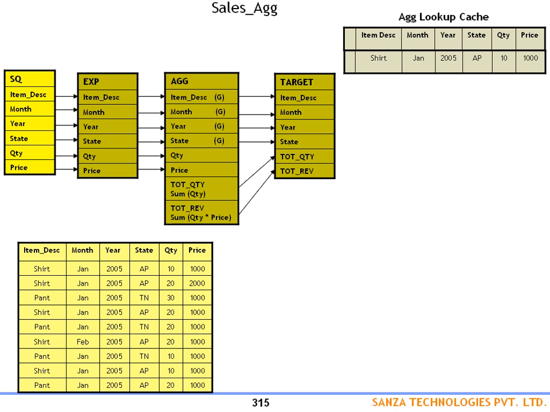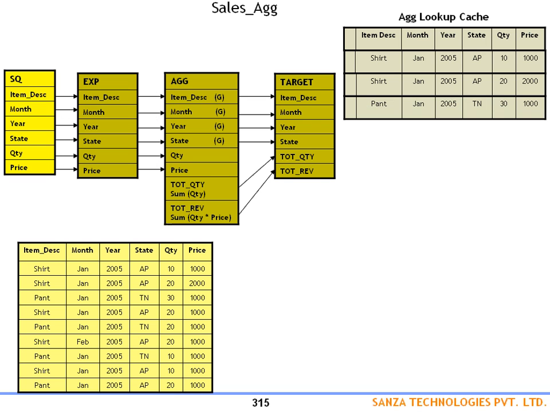The first record comes in, data goes into the aggregator lookup cache. Then the second record is released from the source qualifier, goes into the expression transformation, and goes into your aggregator lookup cache. Then the third, fourth, and fifth records come in the same way, through the source qualifier and expression transformation into the aggregator lookup cache.